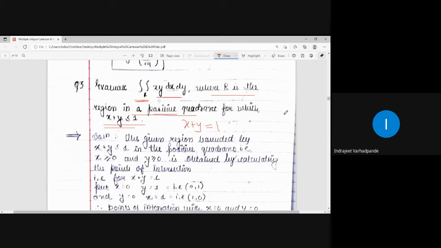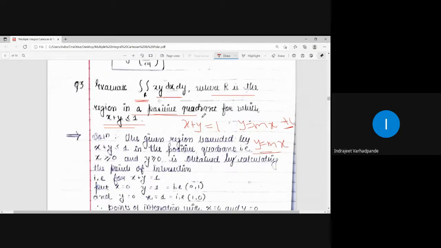In general, the equation of a straight line is given by y is equal to mx plus c, or in other cases you must have heard the equation of a line is y is equal to mx, but this y is equal to mx passes through the origin. Whenever you add a constant, mx plus c, it is displaced from the origin, meaning it is not passing through the origin but through some other points, right?